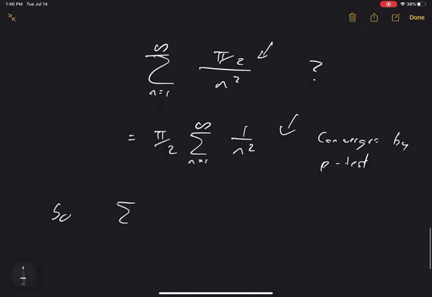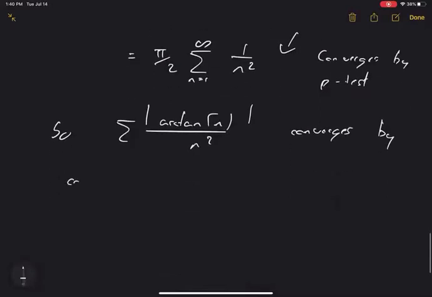So the absolute value of arctan of n over n squared converges by comparison test. And remember, this is the absolute value series.